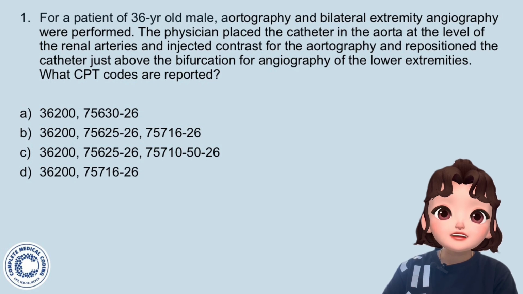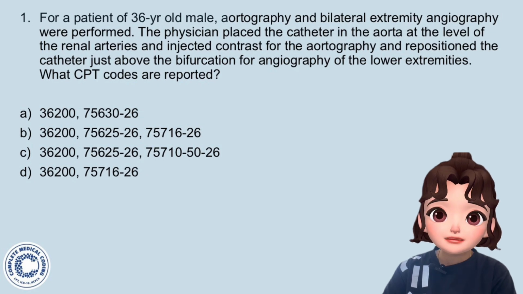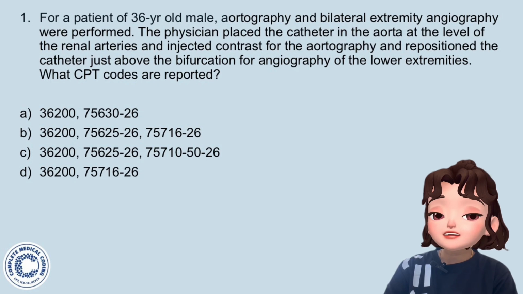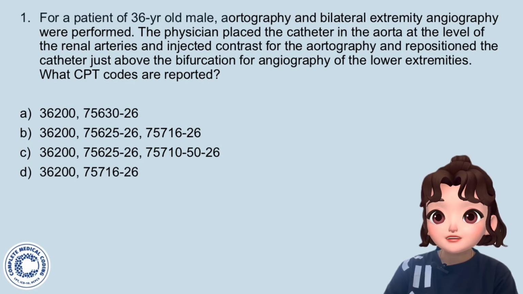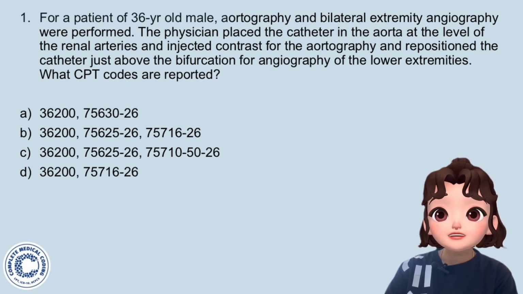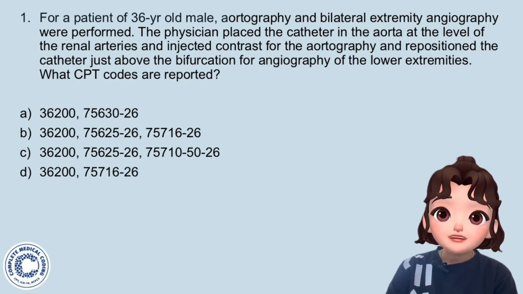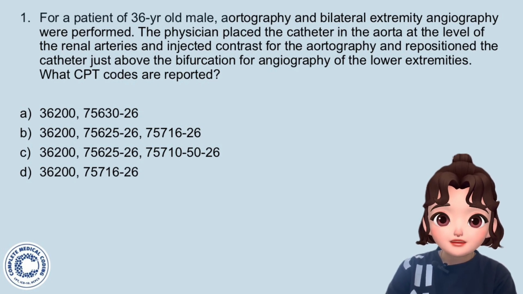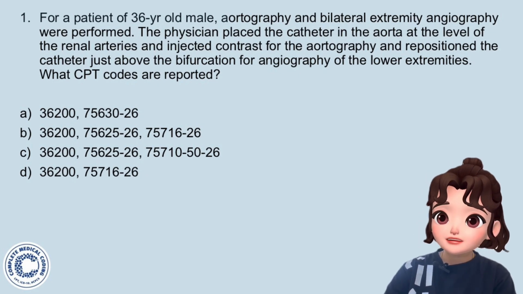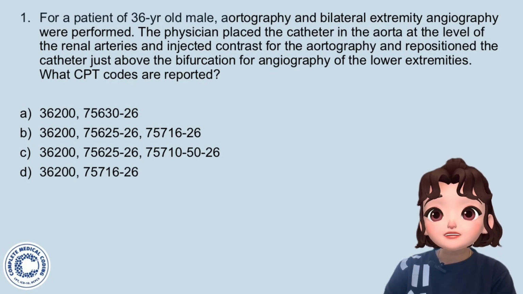But if there is a combined code, you should always use the combination code. Since a bilateral code is already present, you can't use 75710. Description wise it is correct, but you can't use the code, because the question is bilateral and there is a combination code 75716, so you have to use that code only. So 75716 is the correct answer for angiography procedure, bilateral. If in the question it is unilateral, you can go for 75710 without any modifier, only 26. So here, since there is a combination code, you need to use 75716.